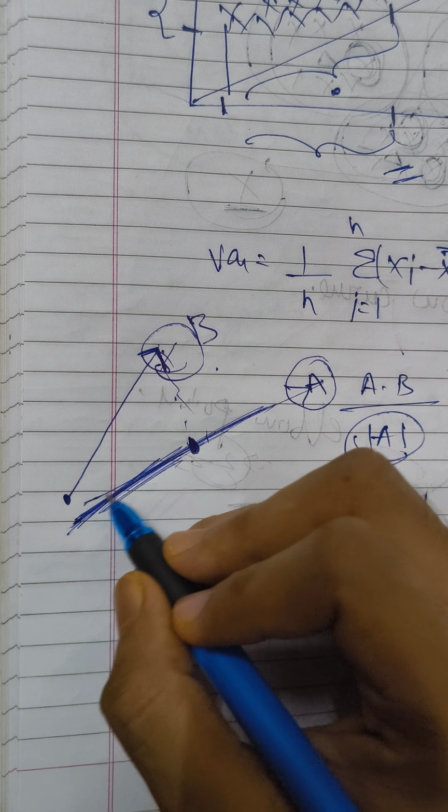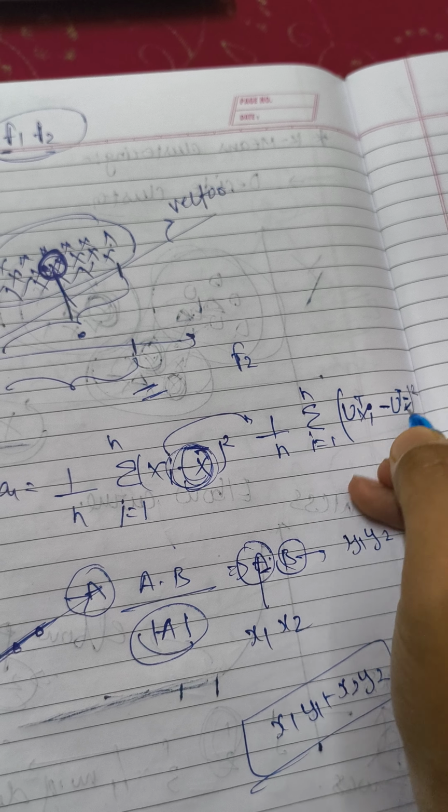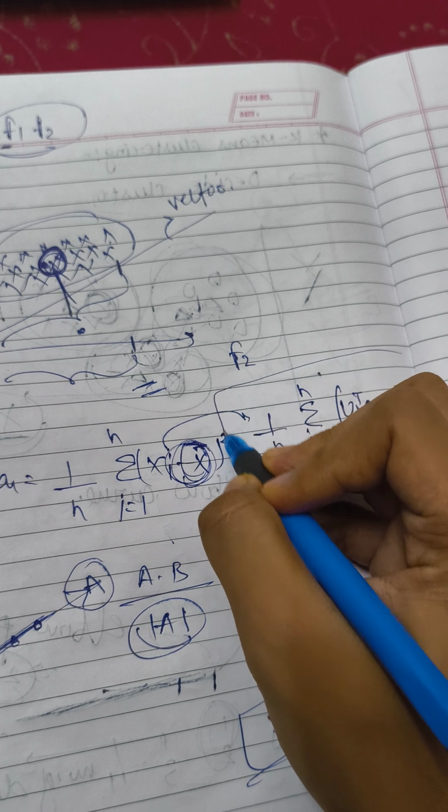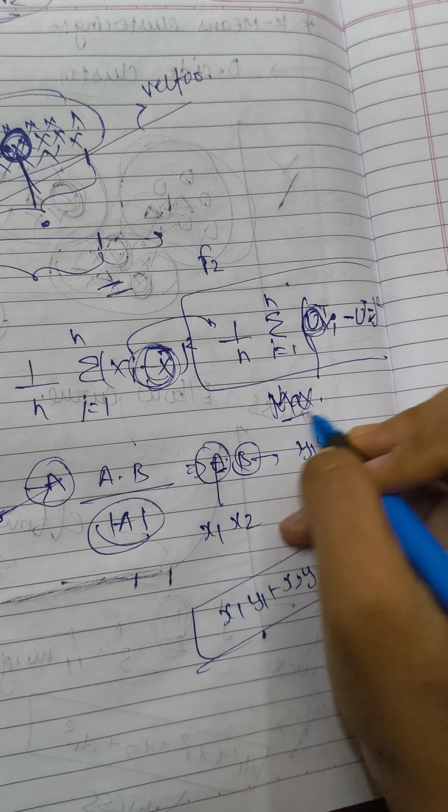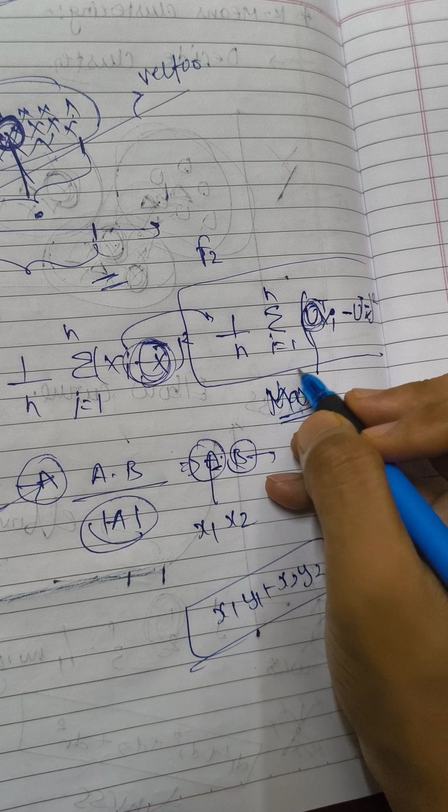So the formula will become 1/n summation i equals 1 to n (u transpose, or you can say a vector, dot x_i, minus u transpose times x bar) whole square. This becomes the formula of our variance, and we have to find the unit vector which will maximize this variance value.